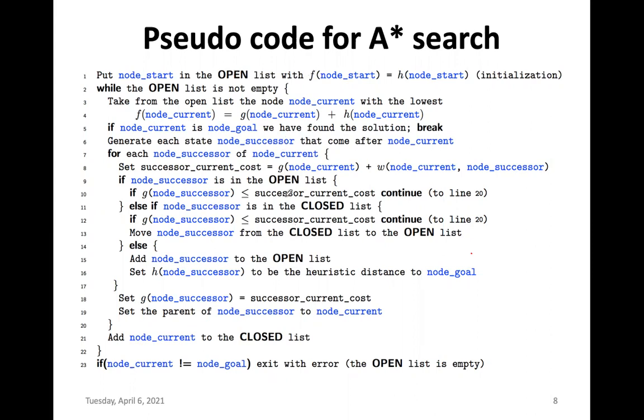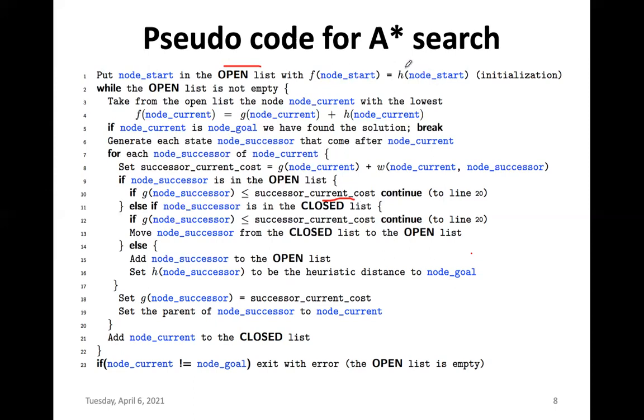In this algorithm, we have two lists. One is the open list, and the other is the closed list. The open list represents the frontier, and the closed list represents the explored set that you have already seen in previous lectures. So put the start node in the open list with f of start node equal to h of start node.